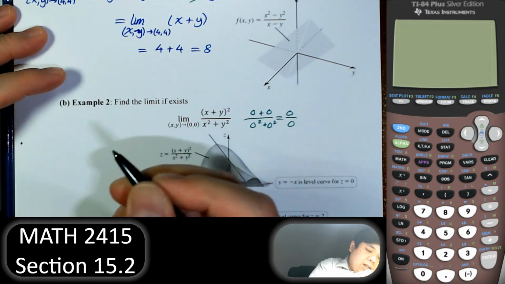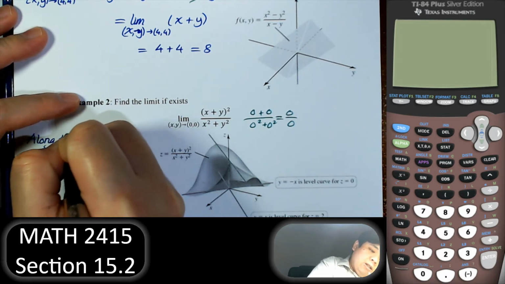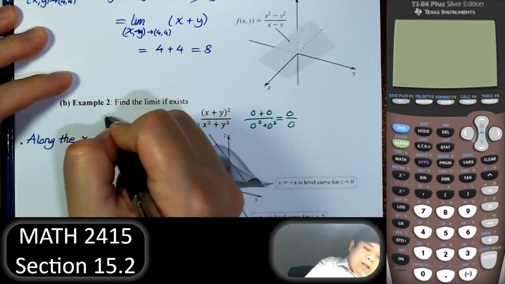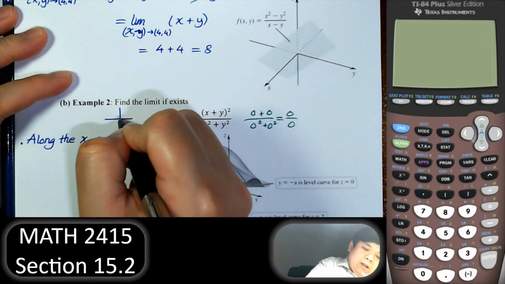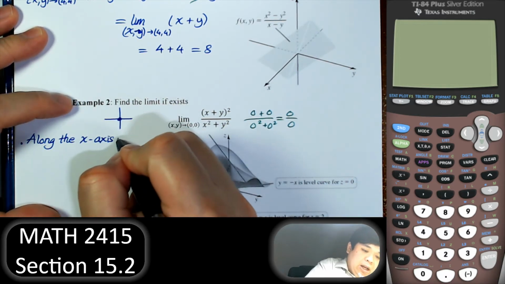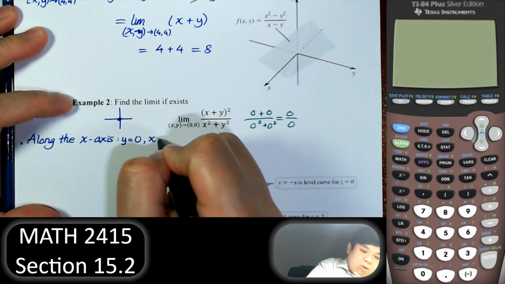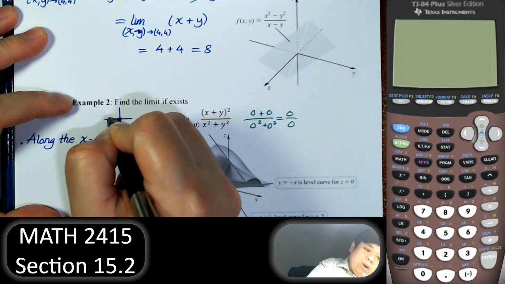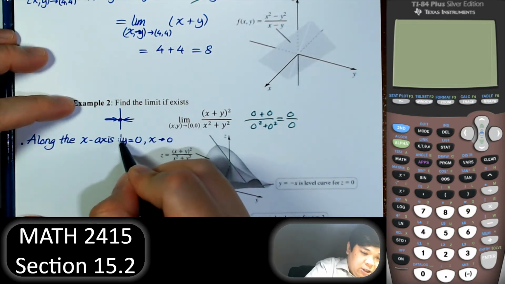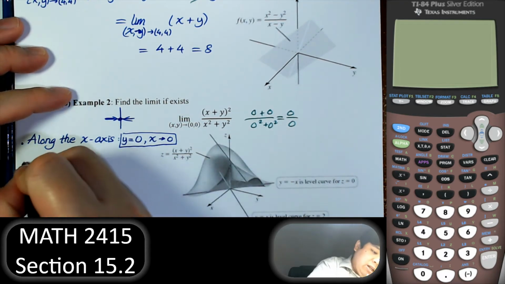So here, consider if we go along the x-axis, meaning that y equals 0, and then we let x go to 0. So in that case, we're approaching along the x-axis with this. So I'm going to write the limit again.